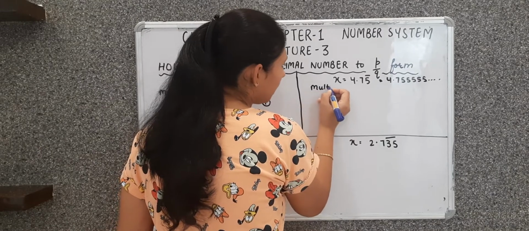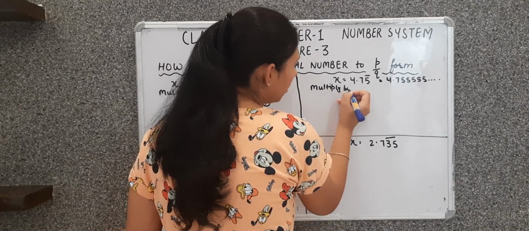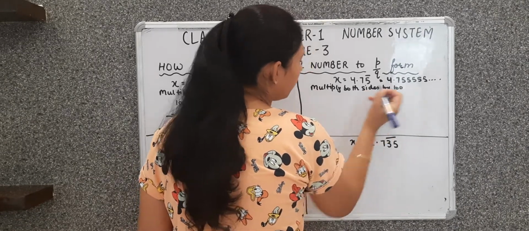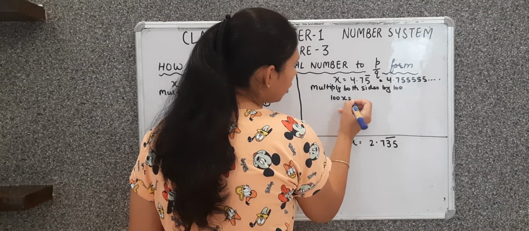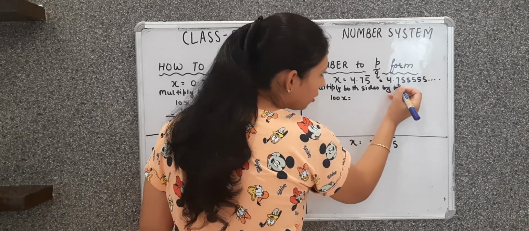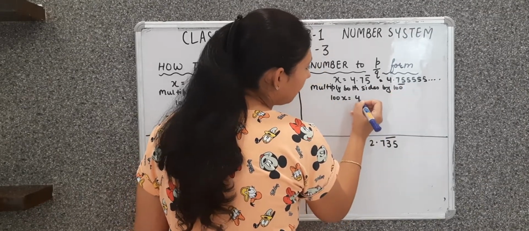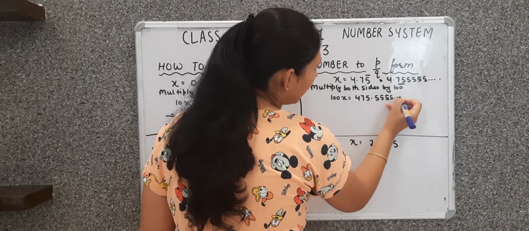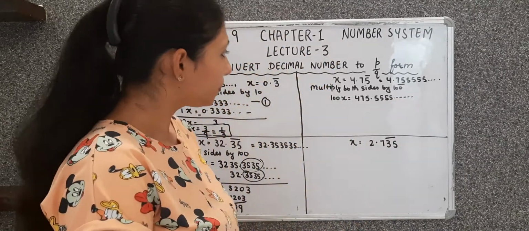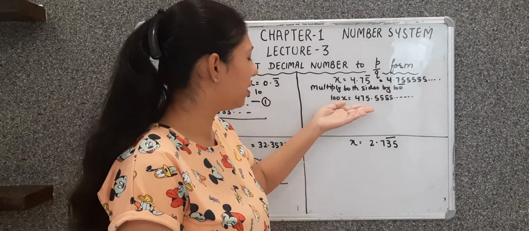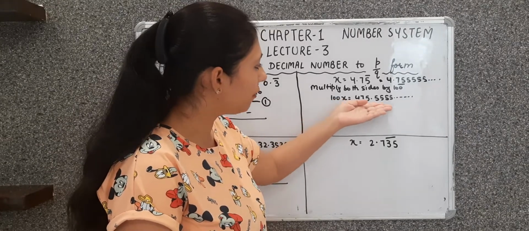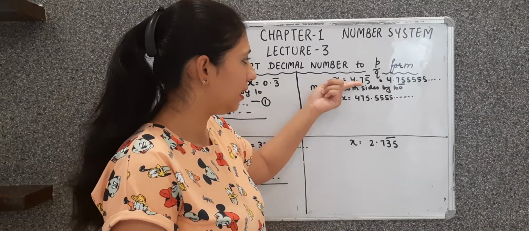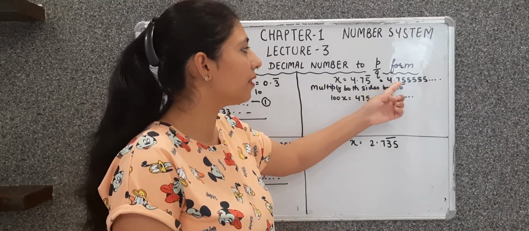Multiply both sides by 100. So what will I get? I'll get 100x is equal to, if I'm multiplying with 100, 2 digits will shift, so it will be 475.5555 and so on. Now, this equation is 475.555, and my original x is 4.7555.